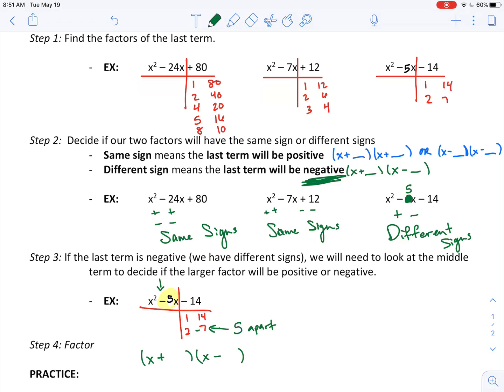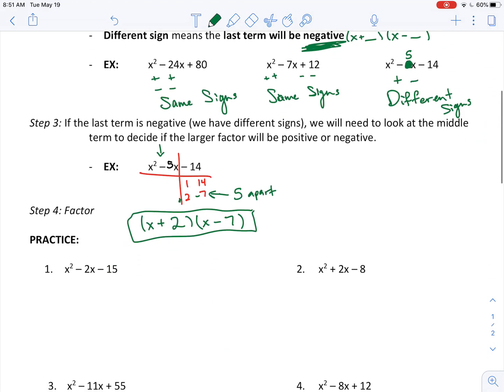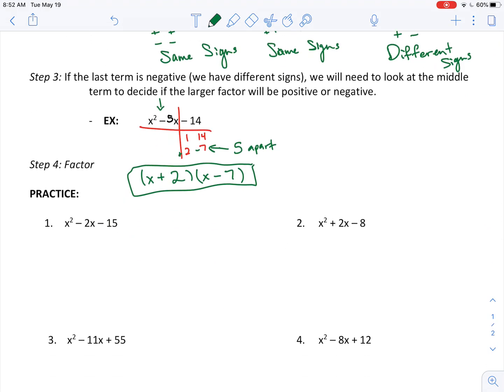So I want my bigger number to be negative because then I'll have more negatives. So I'll plug in my bigger number in the negative spot and my smaller number in the positive spot. And again, the reason why I did that is because this middle term here is negative. So I wanted more negatives than positives. And that's it.